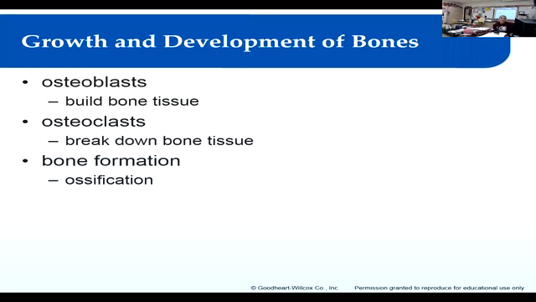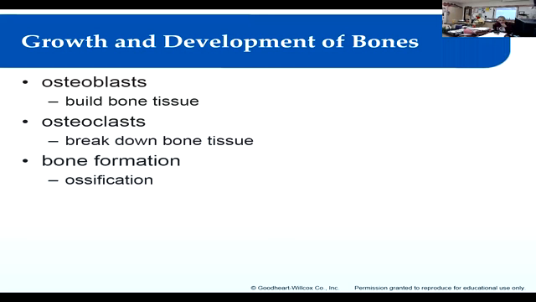Actually, it has to do with the thyroid and parathyroid glands. And they actually send messages to these osteoclasts that will break down bone so that calcium can be released into the bloodstream. If we've got too much calcium in our bloodstream, then osteoblasts will take that calcium and build bone tissue. Pretty crazy. So that's how we stay in homeostasis, because those two types of cells function and work together.